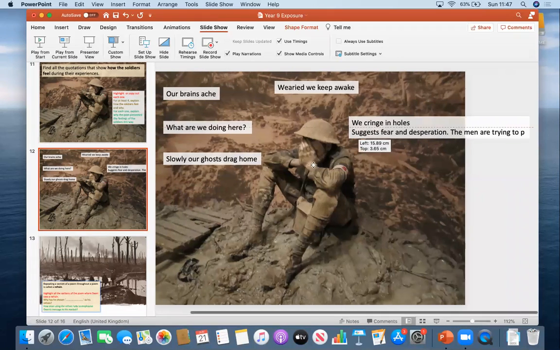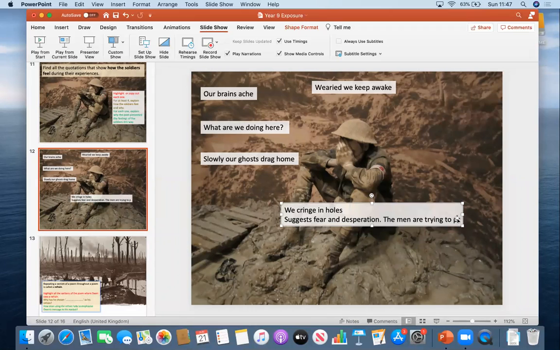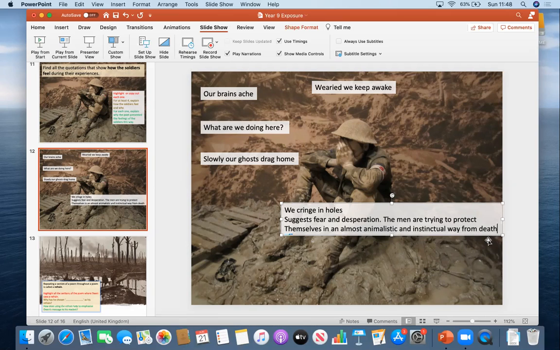What's happening with this? In an almost animalistic and instinctual way, from death.